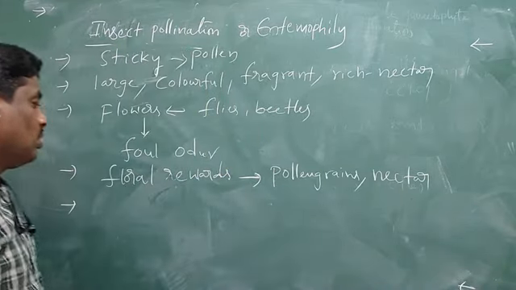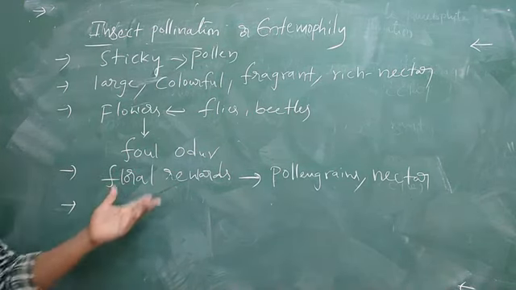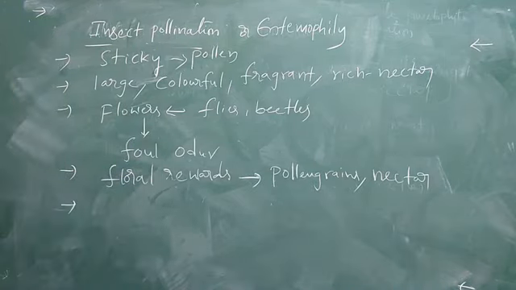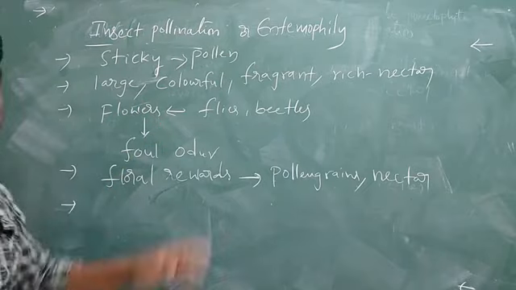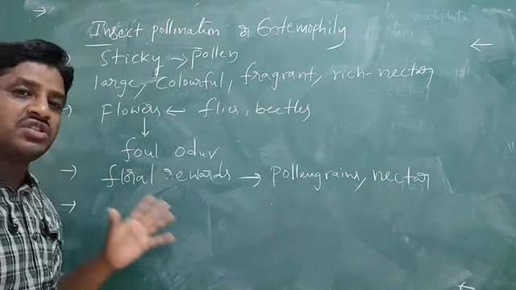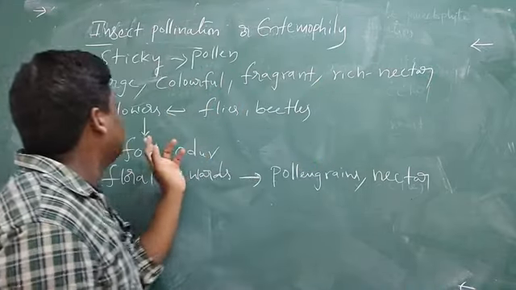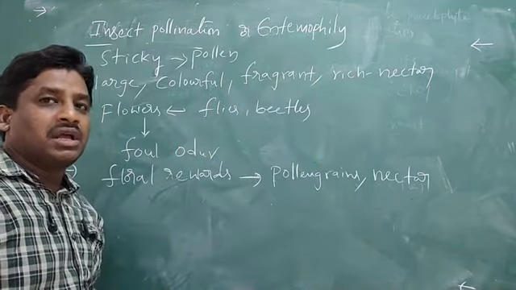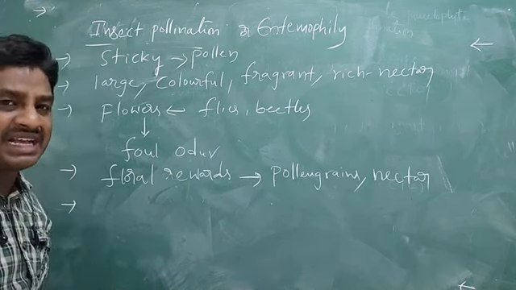So this is also a mechanism of pollination. So these are the main features. Insect pollinated flowers' features: their pollen grains are sticky in nature, and their flowers are large and colorful, fragrant, rich in nectar, and some of the animals are attracted to the flowers by color and fragrance.